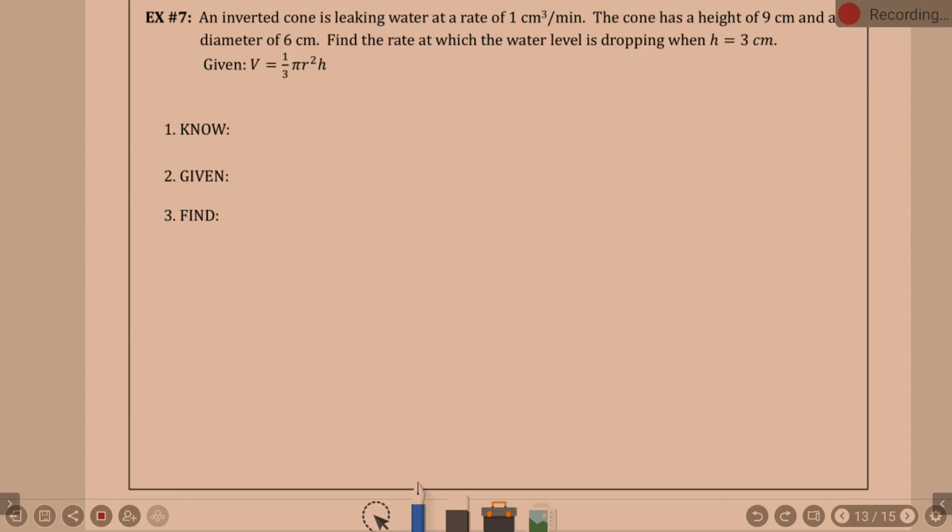So they were nice. And I do feel like these type of formulas are technically usually given. We are going to know 1/3 pi r squared h. Okay. We're going to draw a picture.